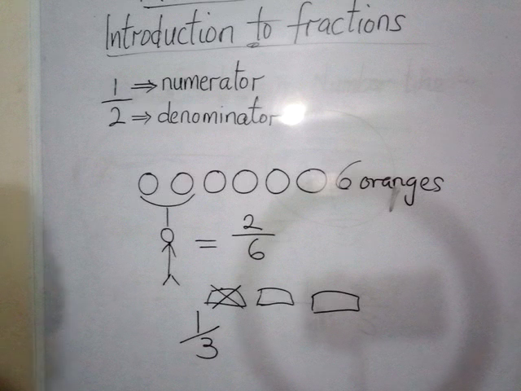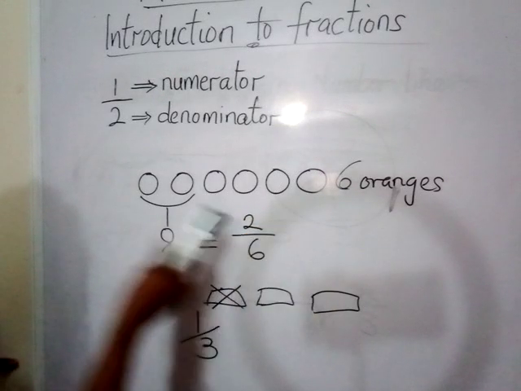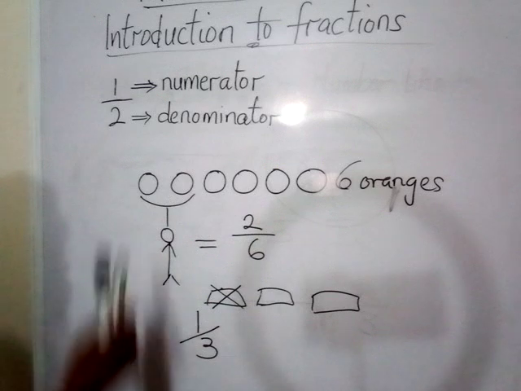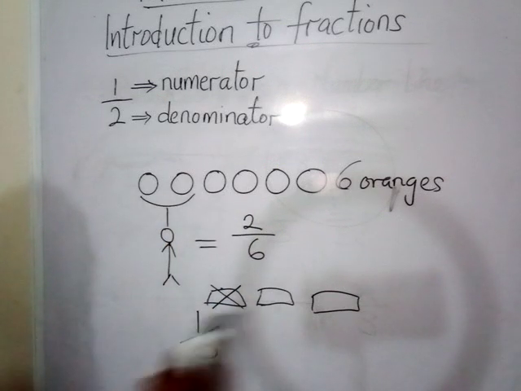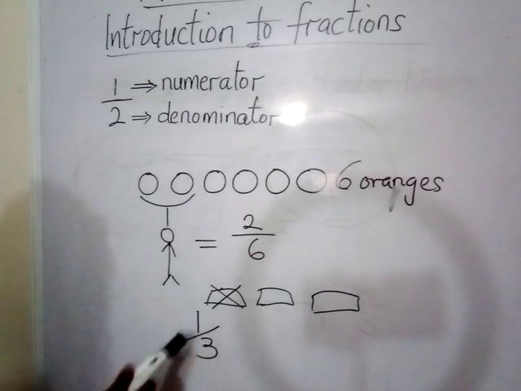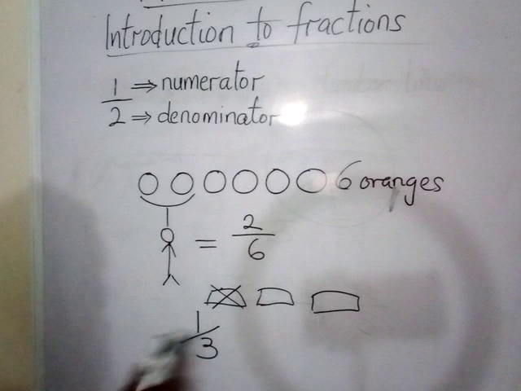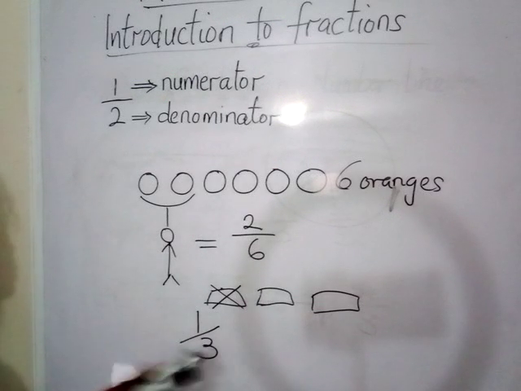Like I used this example now, 2 oranges out of 6 oranges. 2 is a fraction of 6. Or here you have 3 loaves of bread and you give one to your sibling. It's 1 out of 3. So the portion you give to your sibling is a fraction of 1/3, 1 out of 3 parts.